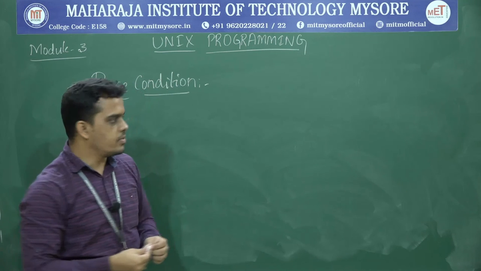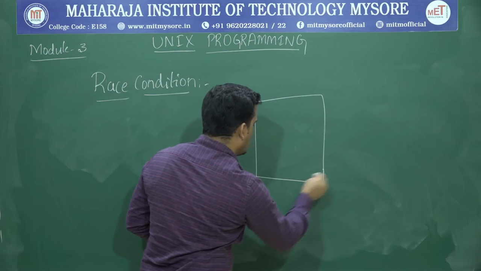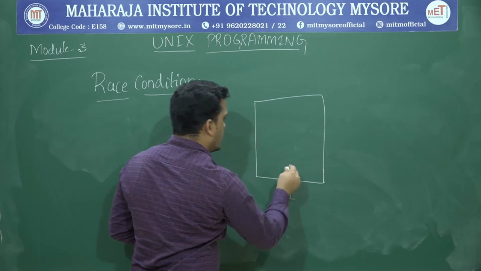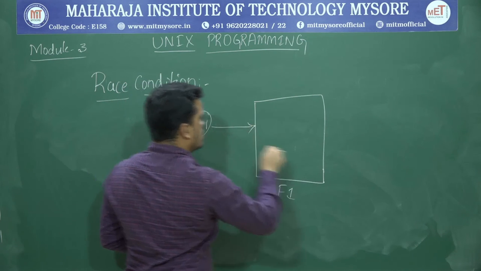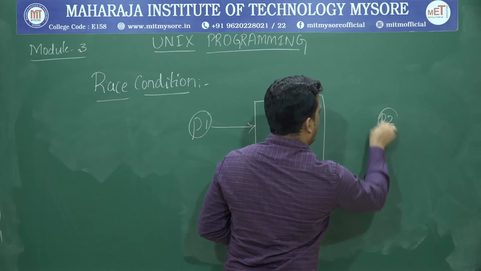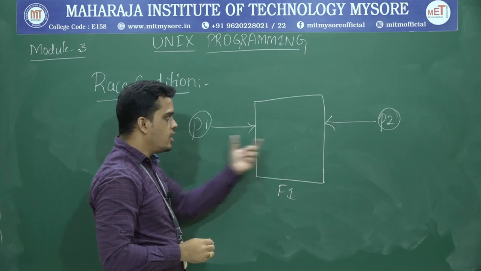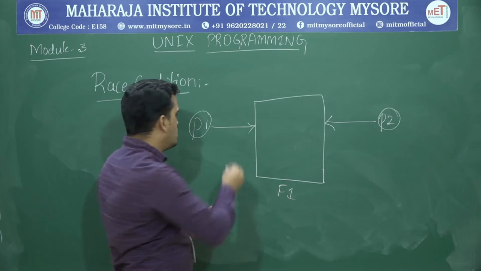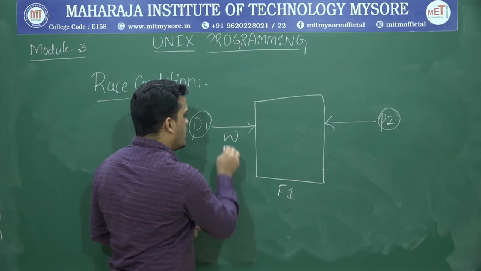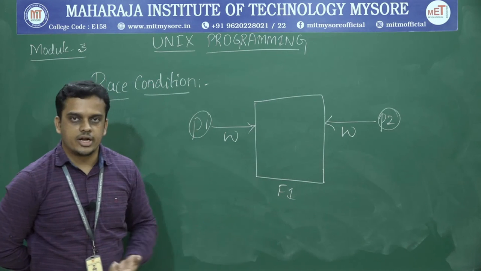To explain this, let me take an example: let me consider a file called F1, and let me think about two different processes called P1 and P2. Both these processes P1 and P2 are accessing the same file F1 in write mode.